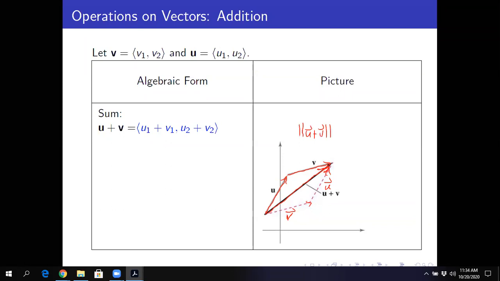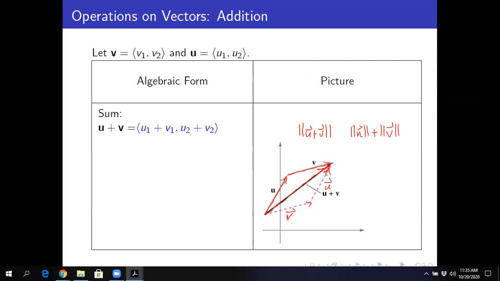How does that compare to the magnitude of u plus the magnitude of v? Which of those two things is greater? Just staring at that picture for a minute, because I've put them in a triangle with one another, what do you think is going to be the longer distance? U's length plus v's length, or the length of u plus v?